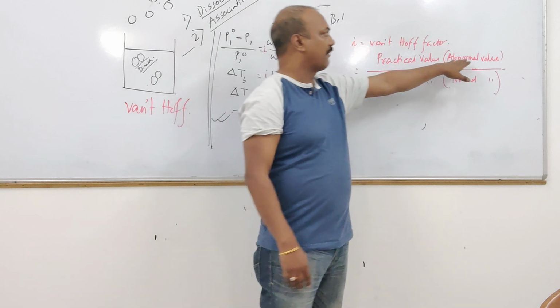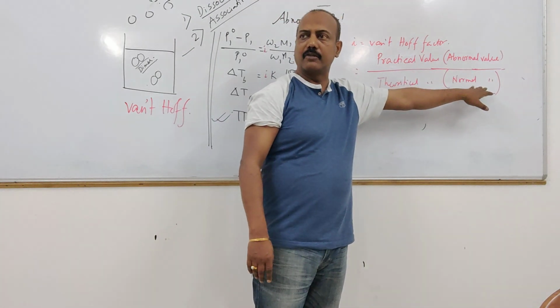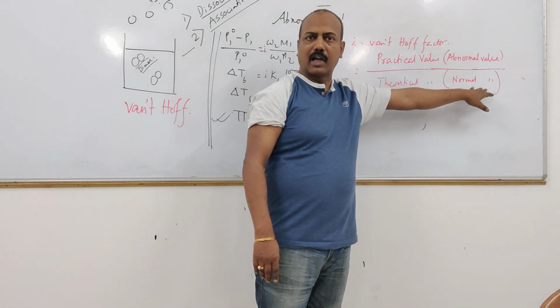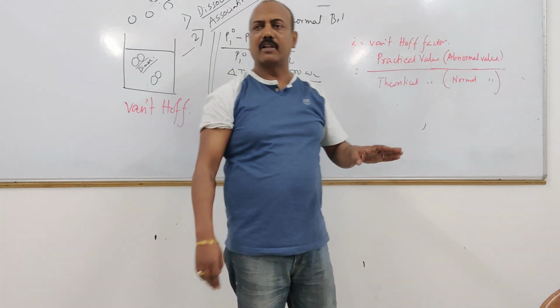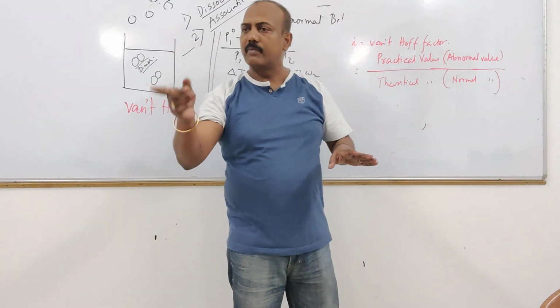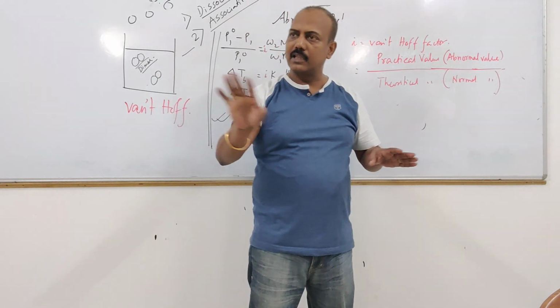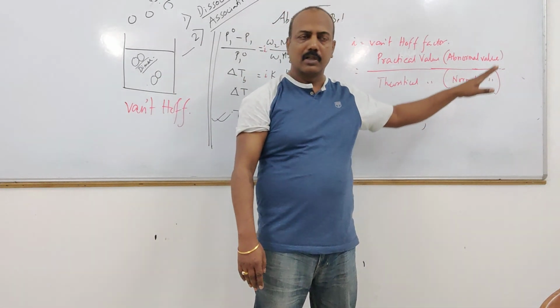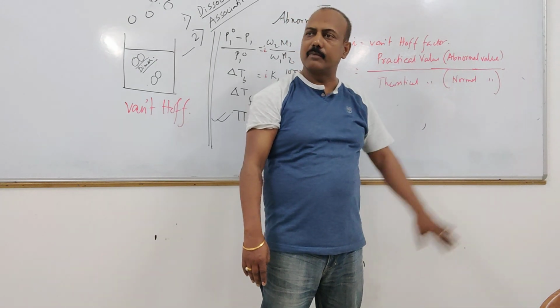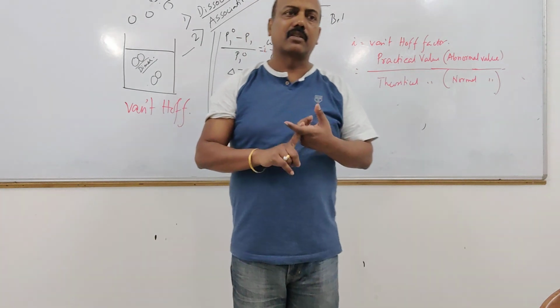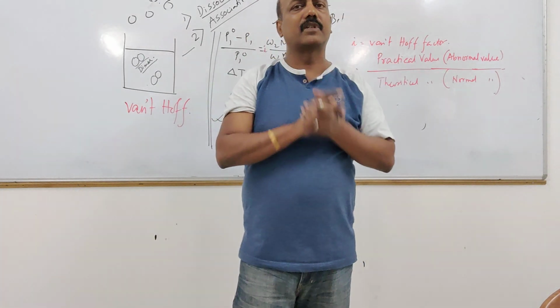I wrote over here abnormal value by normal value. That is why the confusion comes whenever you look at the book, or maybe it is written over here also in the study mats. The thing that comes to your mind is that sir taught this, but why is it written so?